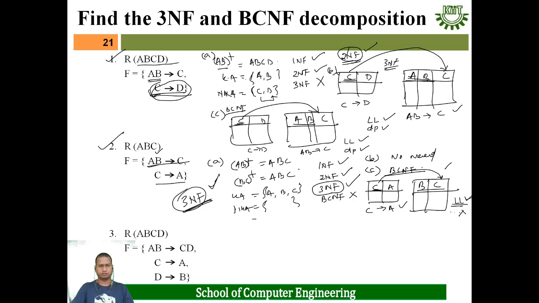Now we'll check for question number 3. Okay, what is the highest normal form? First we will find out AB closure. AB closure will be ABCD.